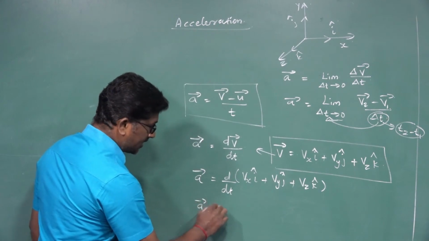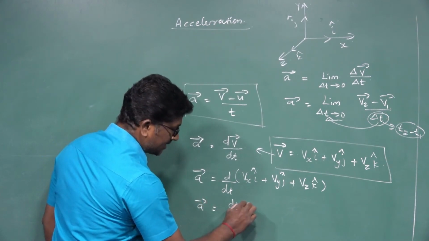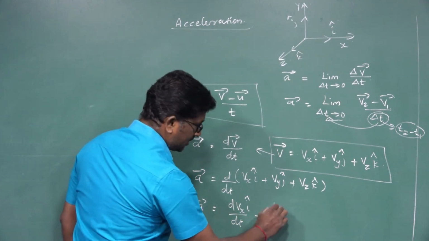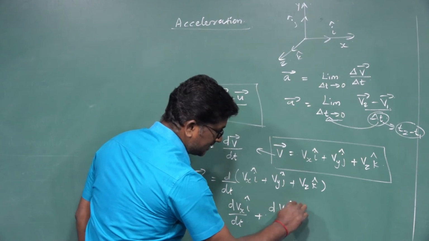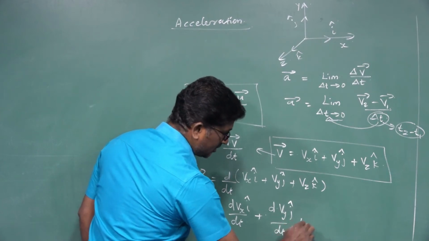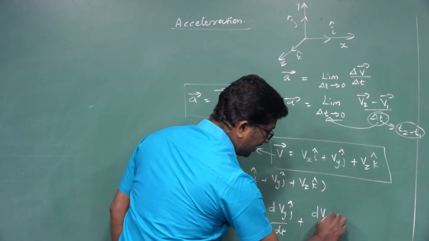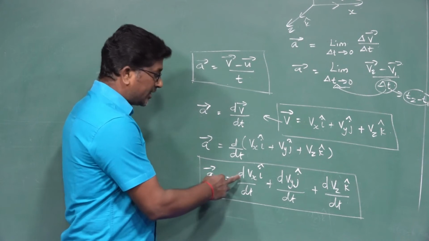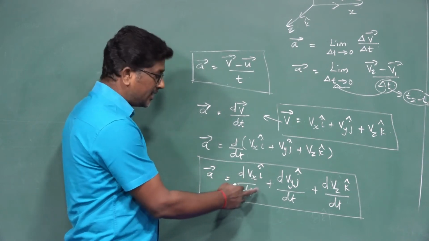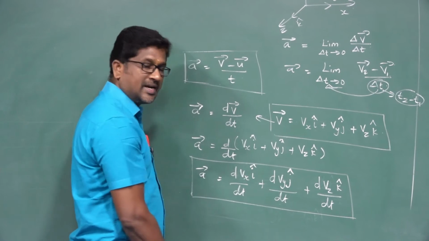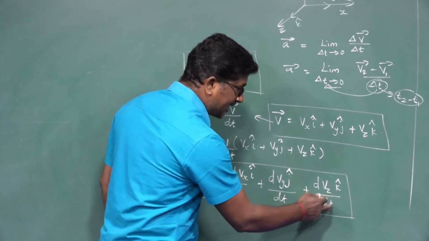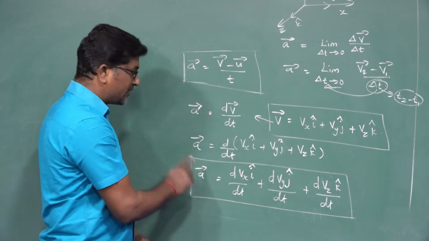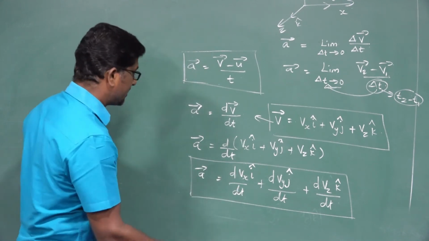Or a vector is equal to d vx i cap divided by dt plus d vy j cap divided by dt plus d vz k cap divided by dt. So this is one of the component forms of acceleration, right?